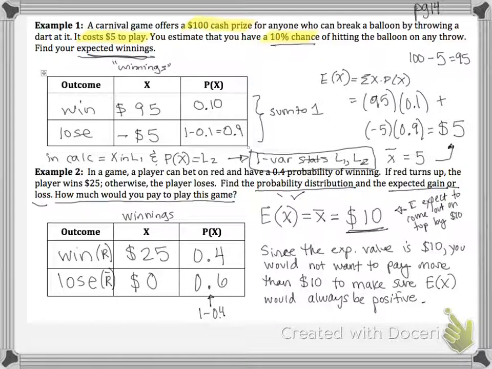I either win $25 or I lose my money. And in this case, I don't lose anything. They're just saying over time, with this probability, I would expect to get $10. So over time, we wouldn't want to be spending our money that excessively, right? So we would want to say that we wouldn't want to spend more than $10 each round. That's what this kind of question is asking, in case that comes up in the online homework.